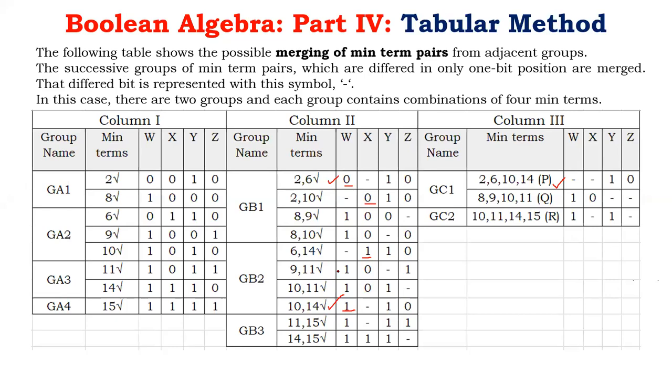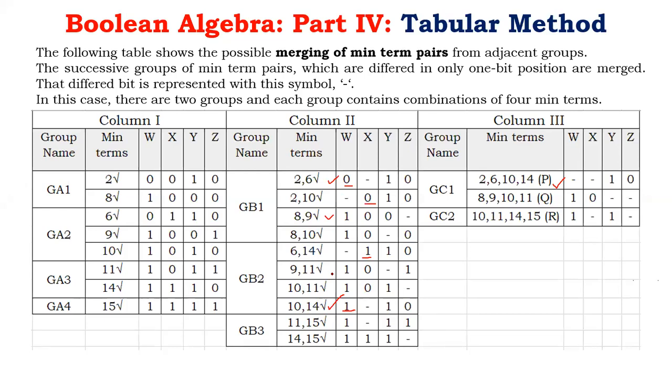If we go for this 6 14, then we already get 14 from this and 6 from this, so the 2 min terms are redundant, so we cannot consider it. Again go for 8 9, and then 6 14, there is no option. 8 9 9 11, there is no option.